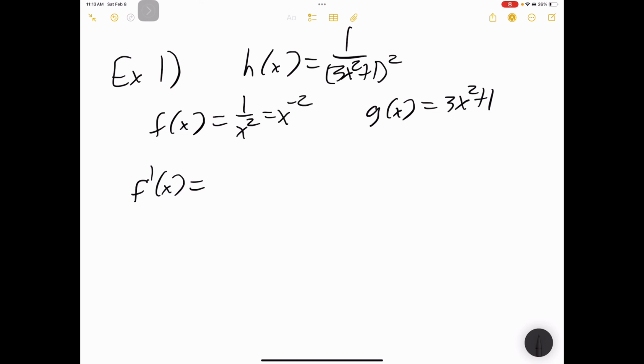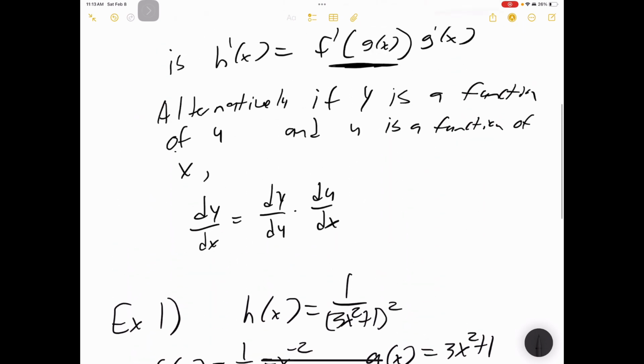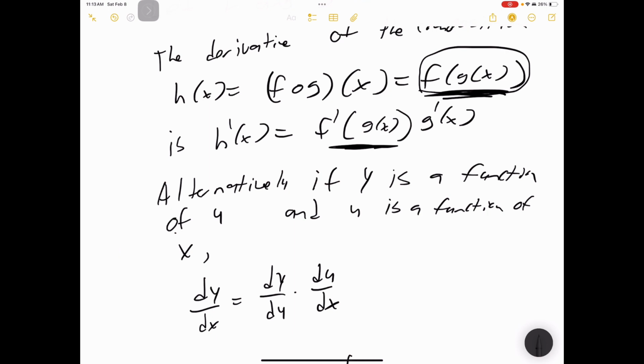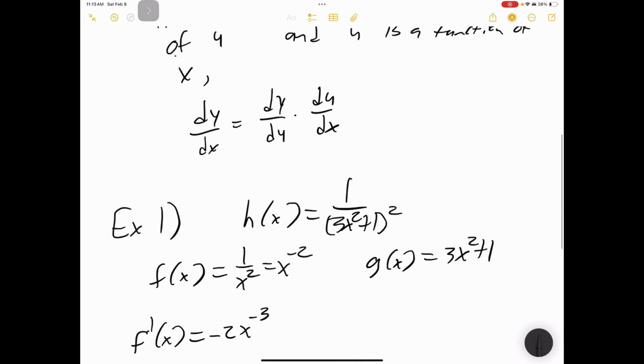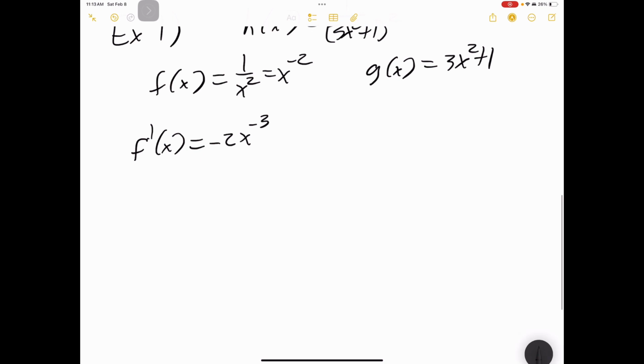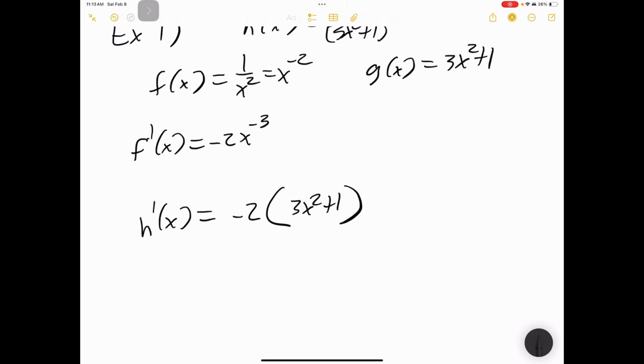And we know the power rule: we can bring the negative 2 down, x to the negative 3. Awesome. That's the derivative of f of x. And our definition says the derivative of f with g inside of it. So our first piece of h prime of x is going to be negative 2 times, instead of x, we get g of x, which is 3x squared plus 1, to the negative 3.